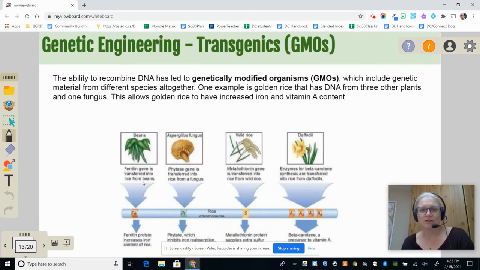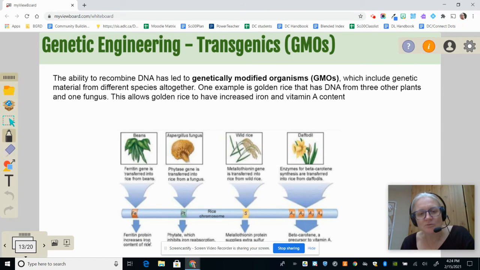So there's an example here of a genetically modified organism, or GMO. The example is golden rice, and it has DNA from 3 other plants and 1 fungus. It's pretty cool. This allows the rice to have an increased amount of iron and vitamin A content. So you can see here the gene that came from beans. The rice DNA was spliced, cut, and this piece of genetic material from beans was ligated, or glued, right in there.